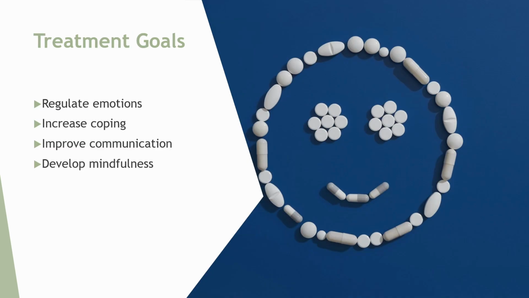So our treatment goals really go hand in hand with DBT's modules. We focused on improving emotional regulation by increasing awareness of her emotional triggers, helping her learn healthier responses, and knowing when to take a break when situations got escalated.